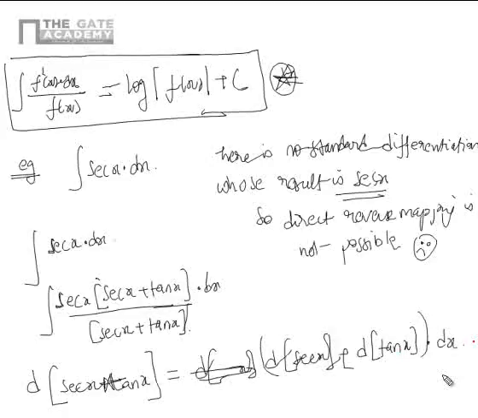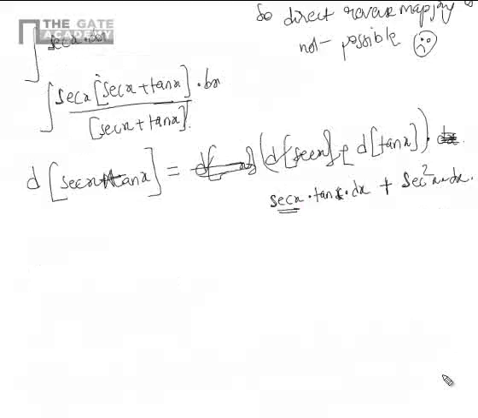Differentiation of sec x will be secant x tan x dx, plus differentiation of tan x will be sec square x dx. So here I have one secant x, here I have one secant x.